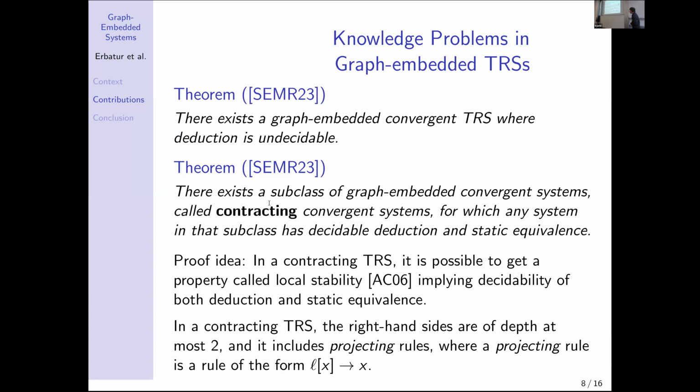So what do we know about this class of graph-embedded term rewrite systems? First of all, it's too general, in the sense that there exists a graph-embedded convergent term rewrite system for which deduction is undecidable. So this means that we had to restrict how to apply the rule schema to get something for which we will have decidability.